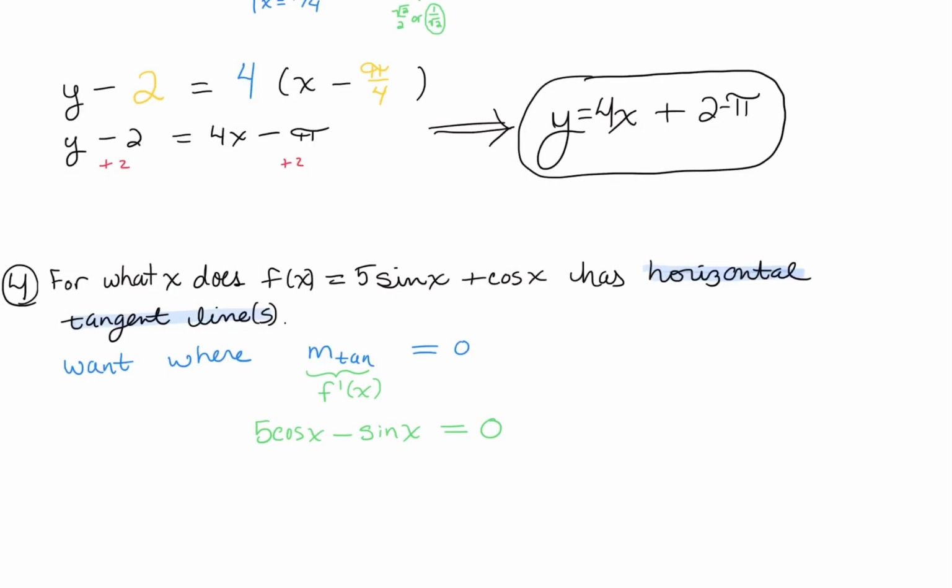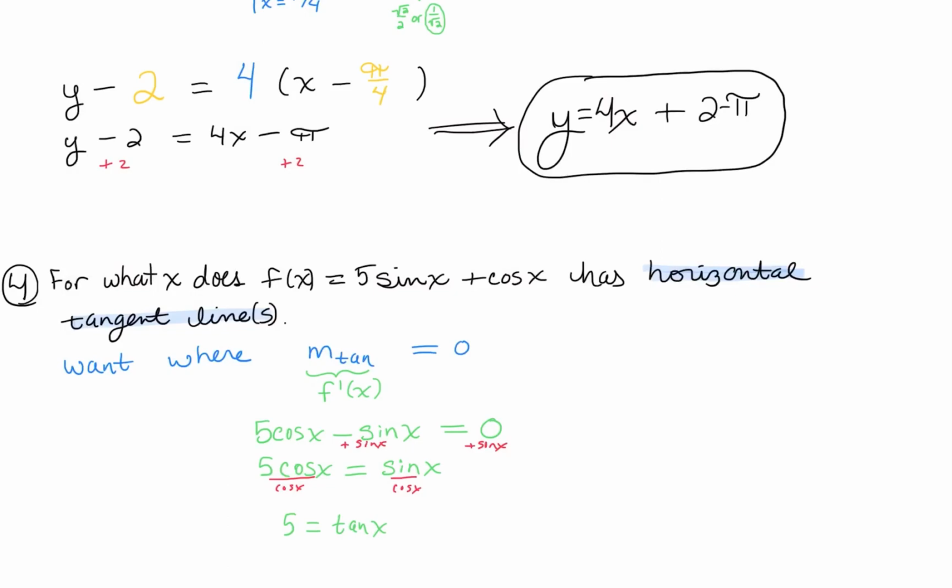All right, well, if I add the sine to the other side, I'm going to have 5 cosine of x equals sine of x. And if I divide both sides by cosine of x, I'm going to have that 5 is equal to sine over cosine, which is tangent of x.